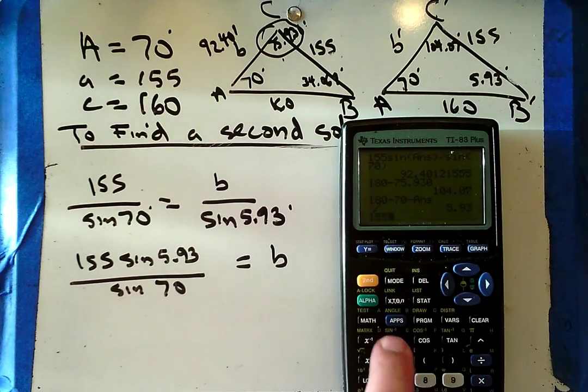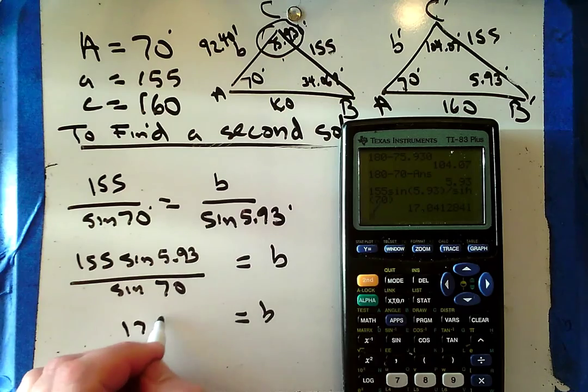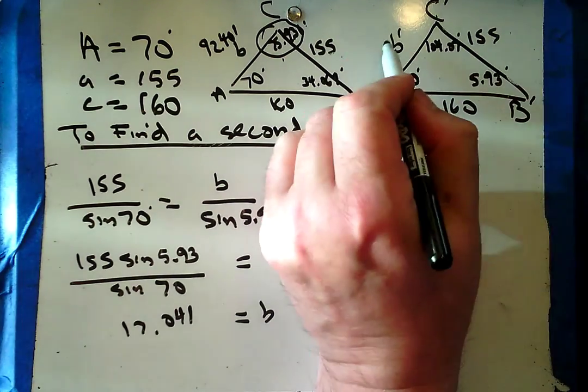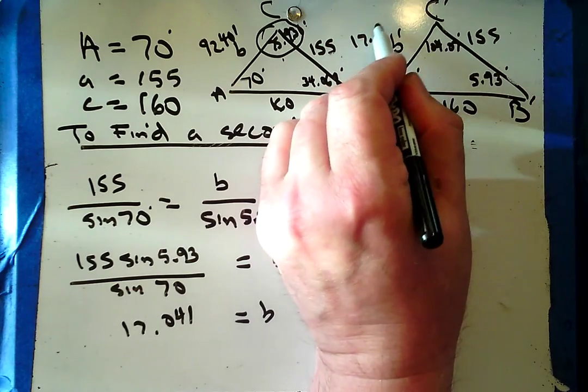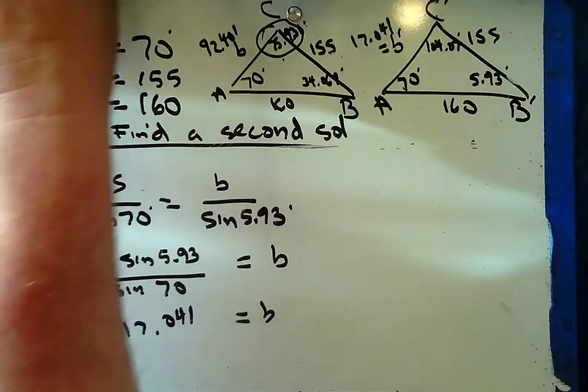So 155 sine of 5.93, close parentheses, it's so important to do that, divided by the sine of 70, and we get little b is 17.041. All right, that's a two solutions case.